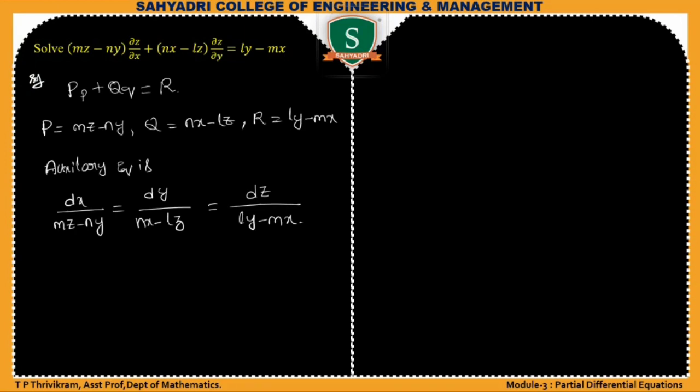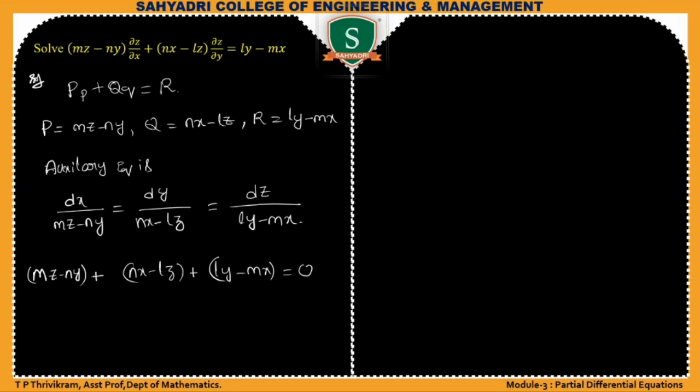Okay, so now first I have to find the Lagrange multipliers for this. For that, first take the denominators: k1 into (mz minus ny) plus k2 into (nx minus lz) plus k3 into (ly minus mx) is equal to 0, we have to prove.